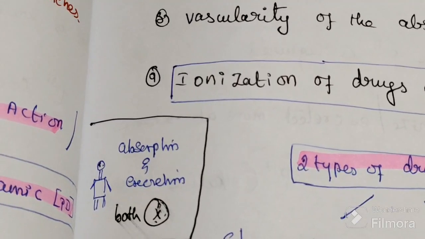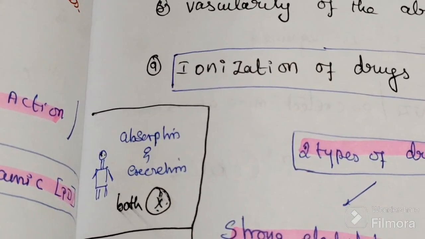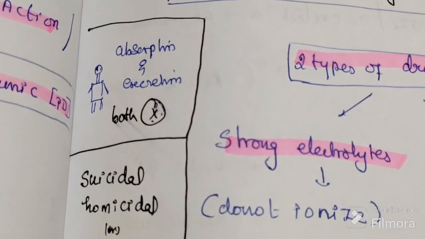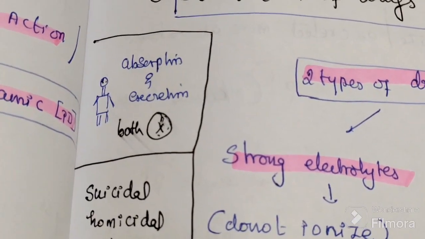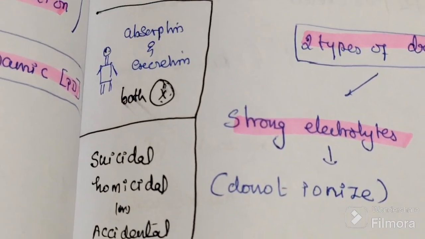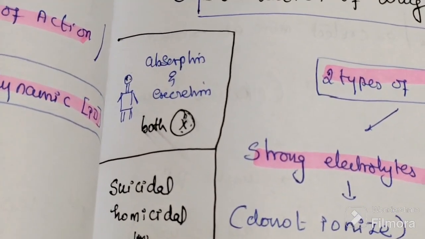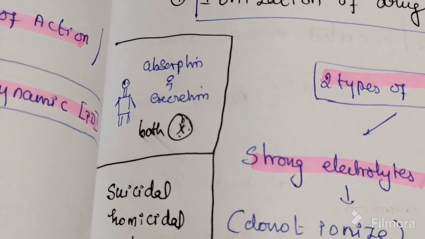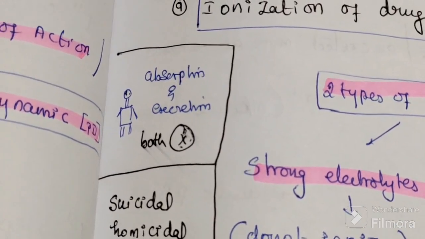But imagine a patient is poisoned. The patient has taken an overdose of the drugs because of a suicidal attempt, homicidal attempt or any accident. Say the patient has taken 100 tablets together. In that case do you want absorption? No. Only to treat diseases is absorption good.